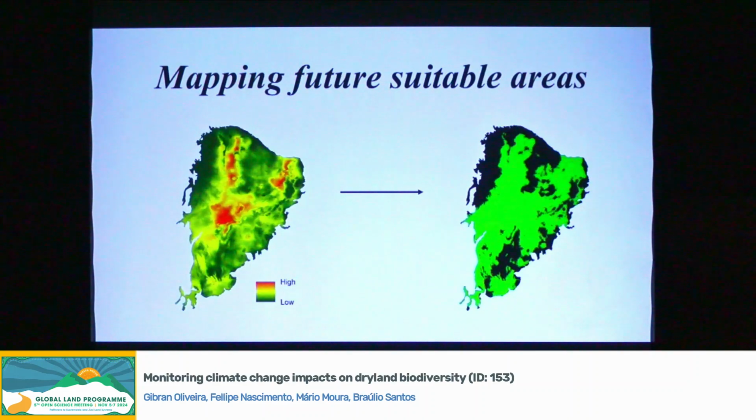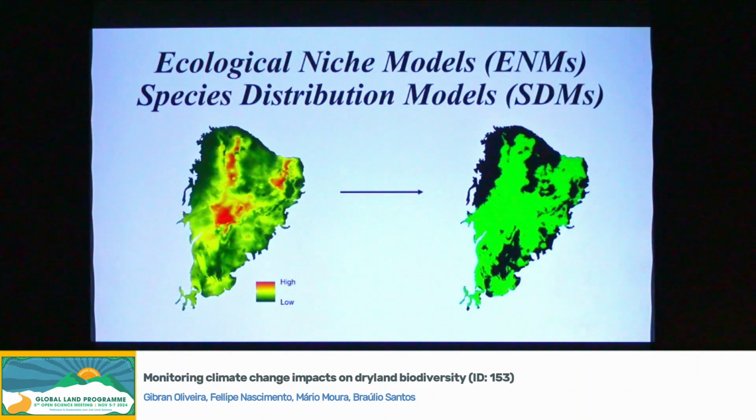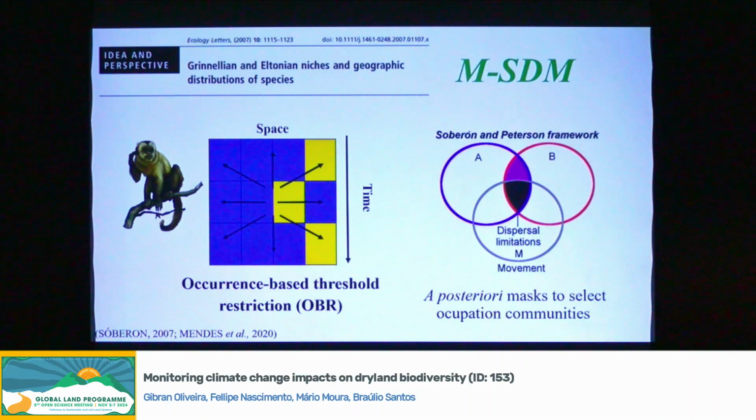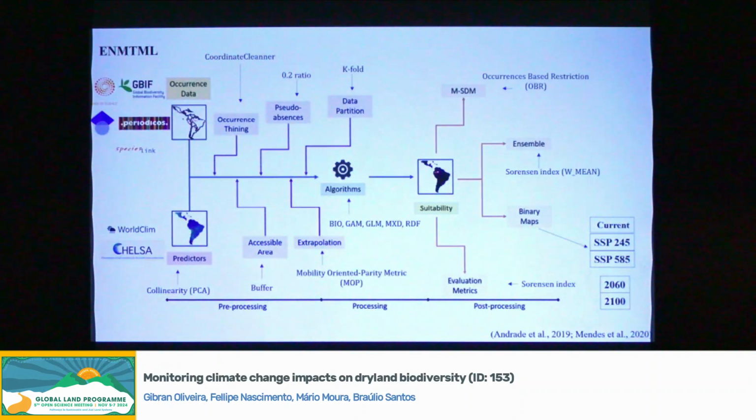And we did it just using ecological niche models and species distribution models. We know that ecological niche models will just show the suitable areas, so we use the species distribution model to know the accessible, suitable areas for these species and these communities. To do this, we use this package in R, and we do a lot of processing: pre-processing, processing, post-processing.